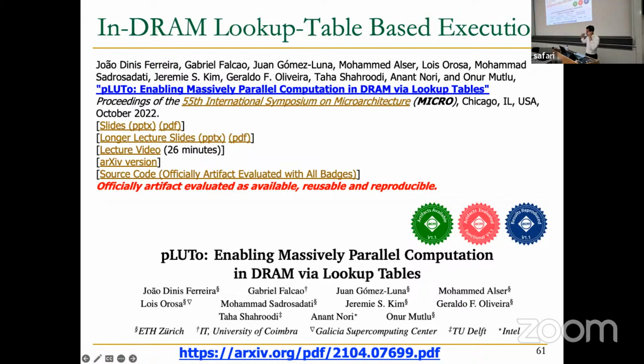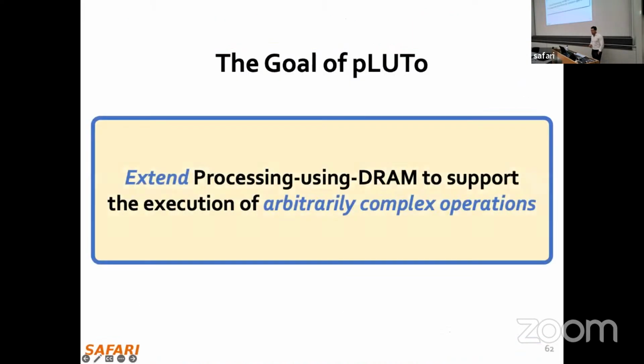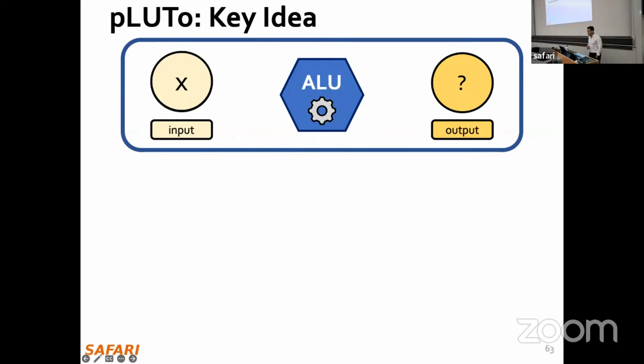So the goal of this PLUTO paper is to close this gap. Here we want to further extend the capabilities of processing using DRAM so that we can do complex operations, in particular those that are required for transcendental functions. The key idea of PLUTO, which is our solution for this, is a quite old idea.